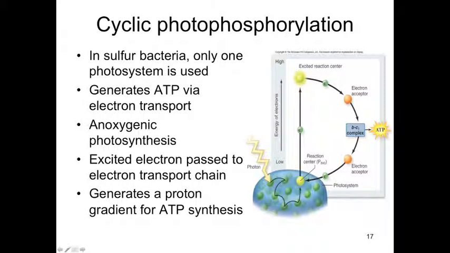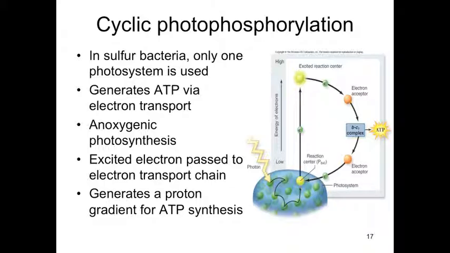So the first photosystem to be discovered was in bacteria. It generates ATP via electron transport, and it's anoxygenic photosynthesis. So a photon of light will strike one of these accessory pigments. The energy will bounce from one pigment to the next until it finally reaches the reaction center. At the reaction center, the electron is physically removed from the chlorophyll and elevated to a higher excitation level.